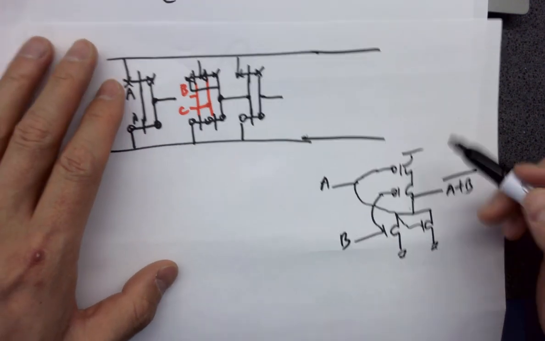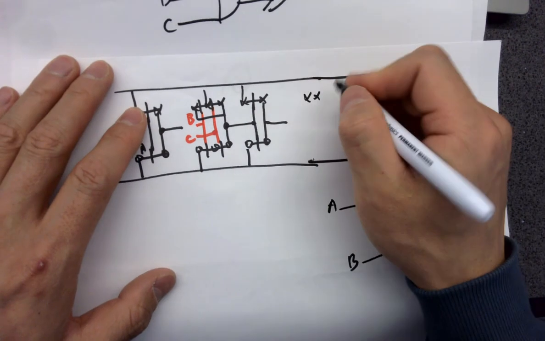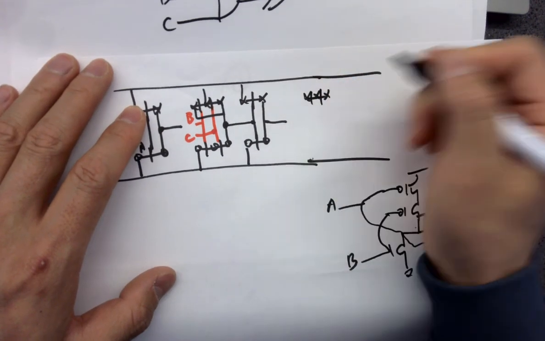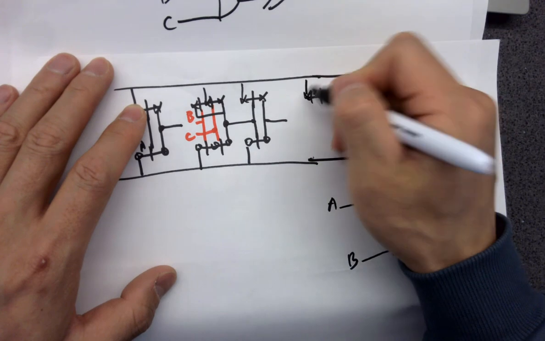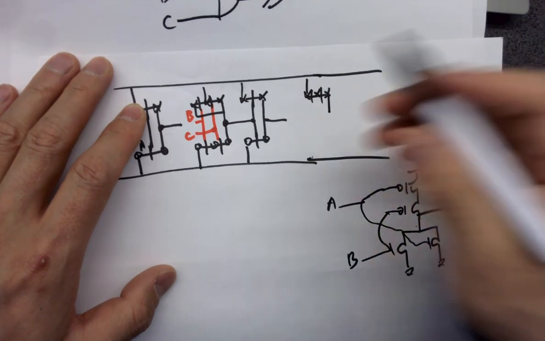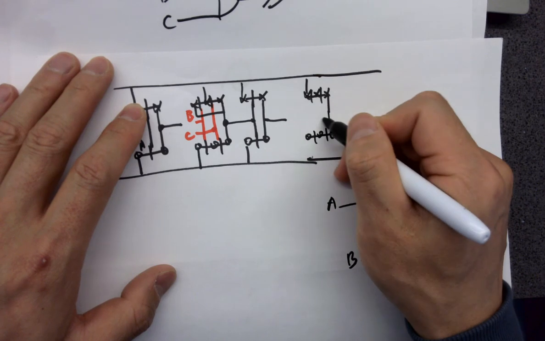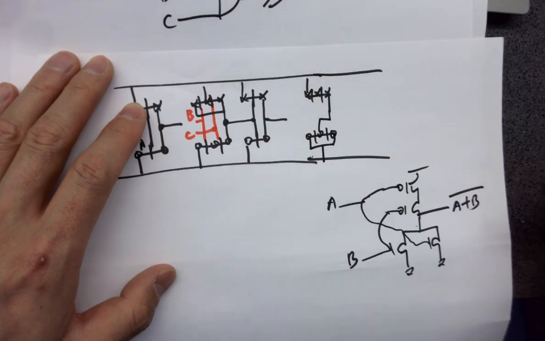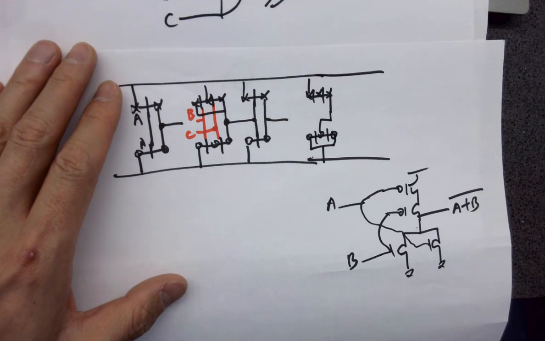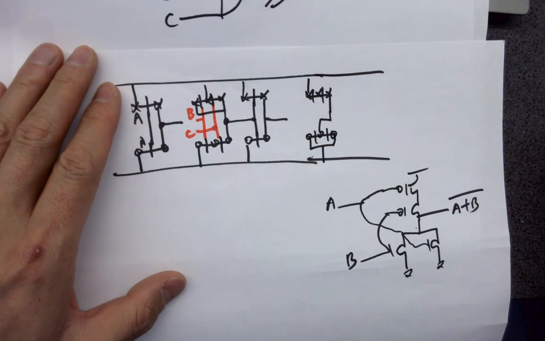That's the NOR gate. So the NOR gate has two PMOSes on the top in series, and two NMOSes at the bottom in parallel.